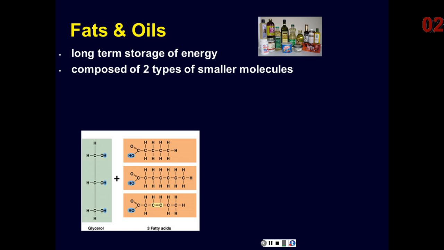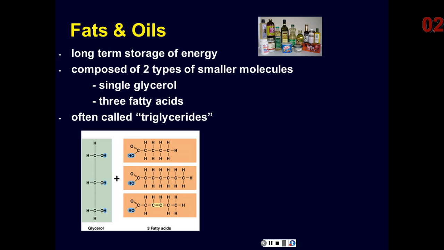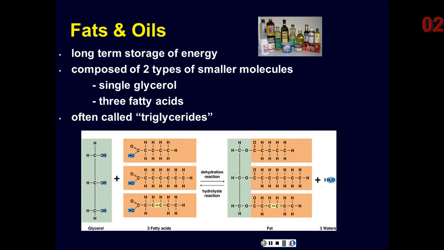We're going to take glycerol, which is this molecule on the left right here. That's a glycerol molecule. And actually three fatty acids bond together with the glycerol to form a single molecule of fat or oil. This is why we sometimes call fats or oils triglycerides.